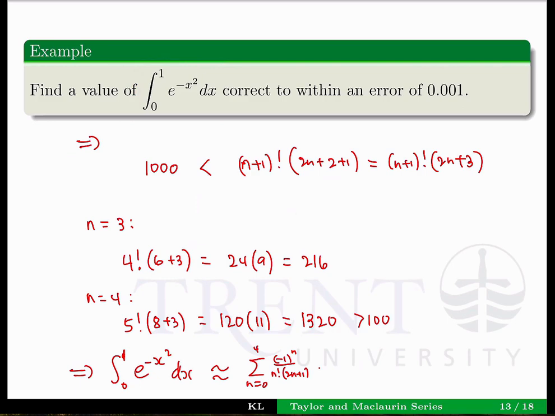If you only added up to n equals 3, the error will be outside 0.001. If you added up to 4, it becomes within. And of course, if you added more, the error will become much, much smaller. But when you added more, then that's more calculation. Right?